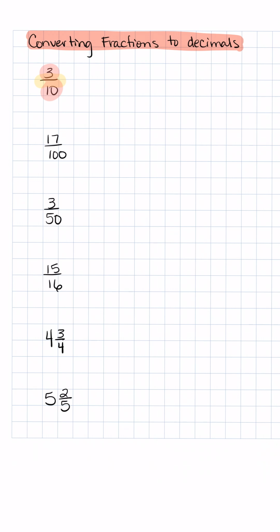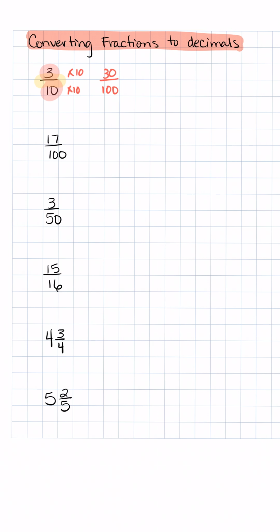Another way that we can look at it is we want to turn this into 100, so it's in the hundredths place. It's basically saying that this is 3 parts of the 10. So if we were to multiply each side by 10, then we get 30 over 100.